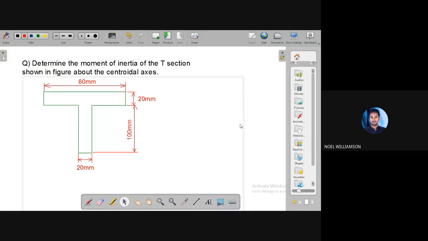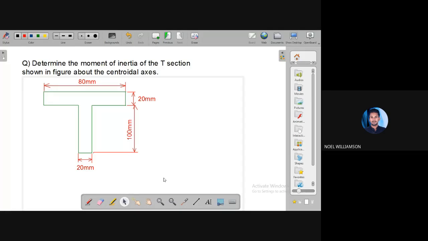Okay, so I think you have finished. Now, whenever this type of question is asked, what are the main steps involved? The first step is to section the figure, number it, and find the values for x bar and y bar.